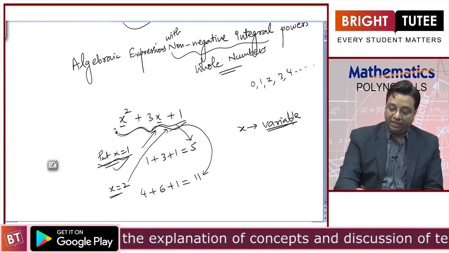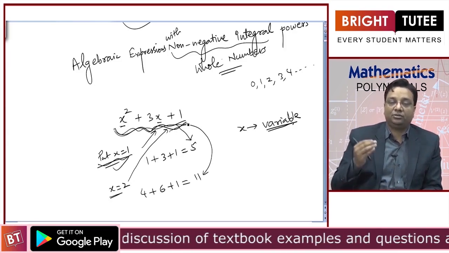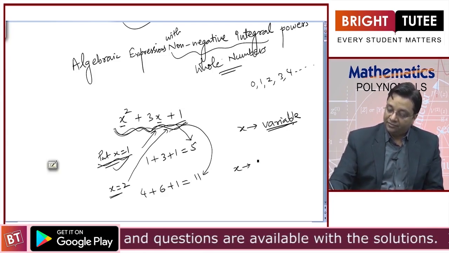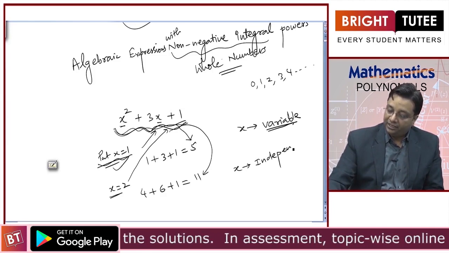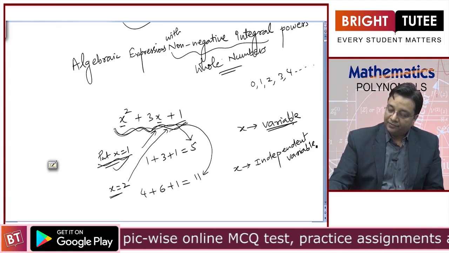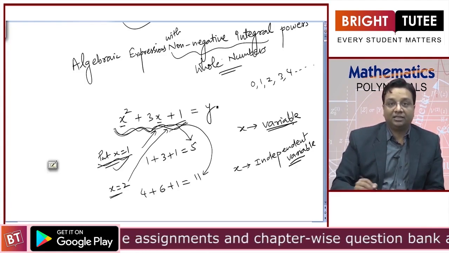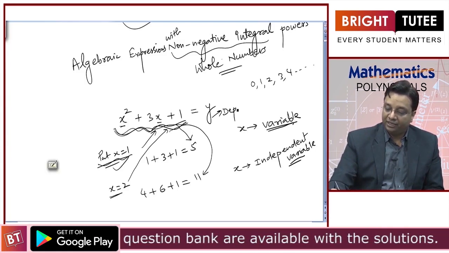So the value of this expression or polynomial in this case depends on the value of x, right? So x is the independent variable, okay? And let us say if I equate it with some other variable, then this variable is the dependent variable.